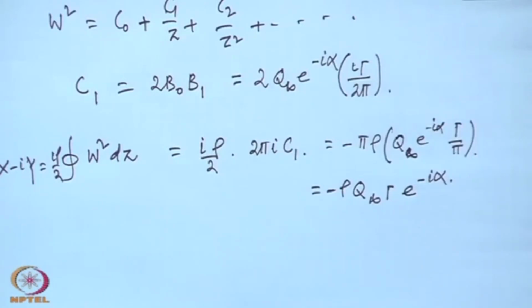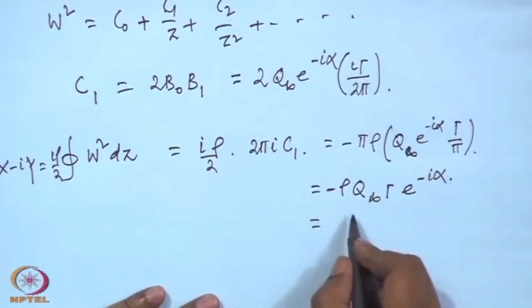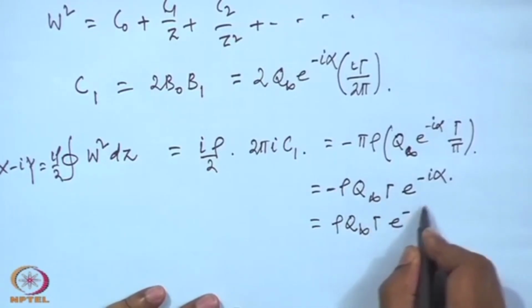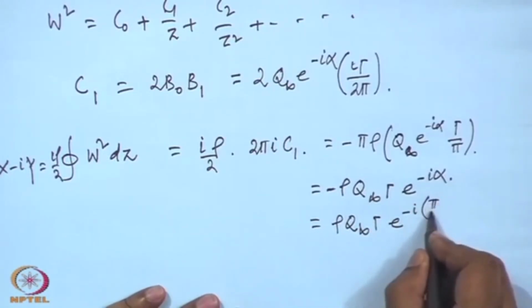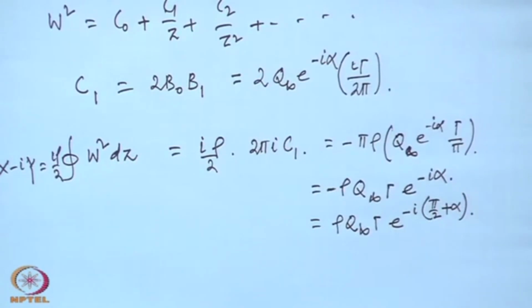That you have seen when we discussed the circular cylinder. Or we can write it as rho q infinity gamma e to the power minus I, okay.